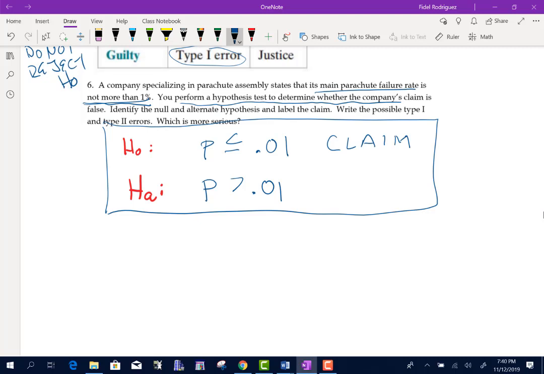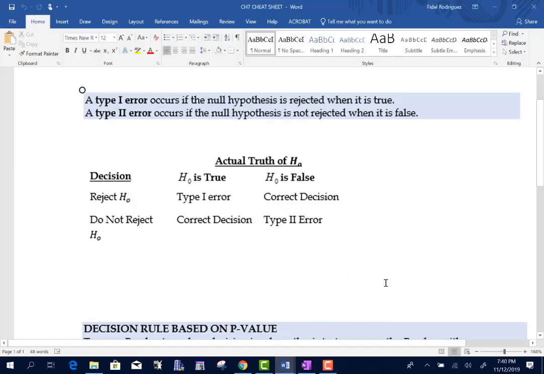Okay, so let's take a look here. Where do I have my notes? Okay, so a type 1 error, guys. Right here, type 1. So that looks very messy. Type 1 error. If you look at the handout that I just gave you, a type 1 error says, what occurs if the null hypothesis is rejected when it's true?